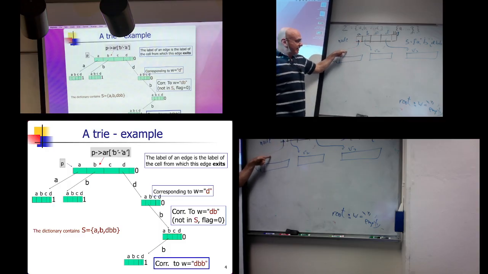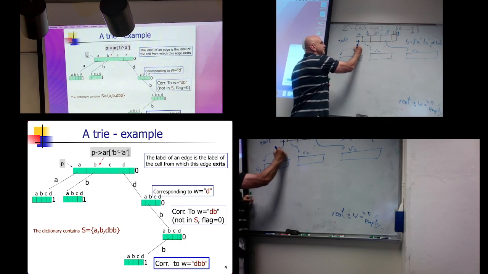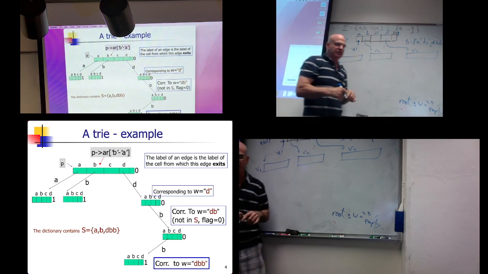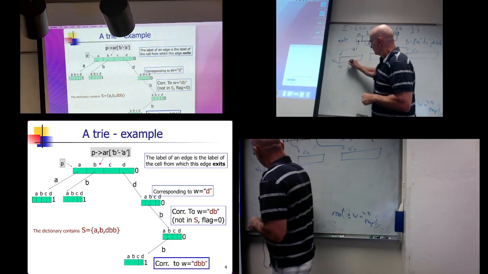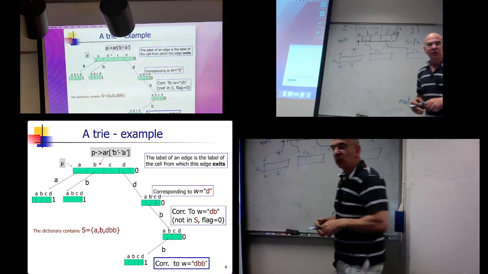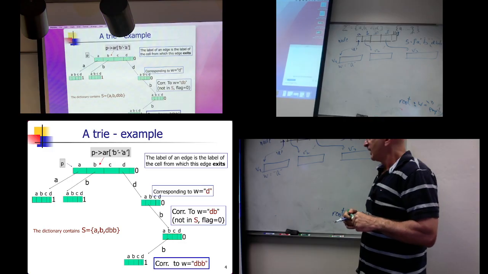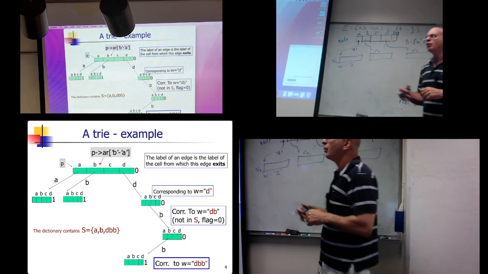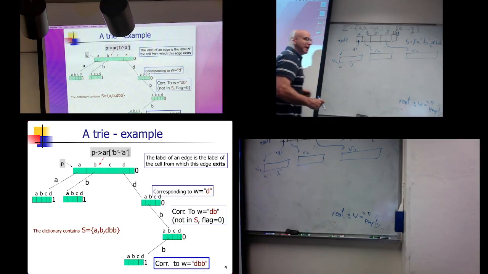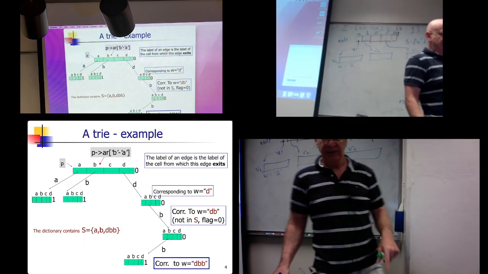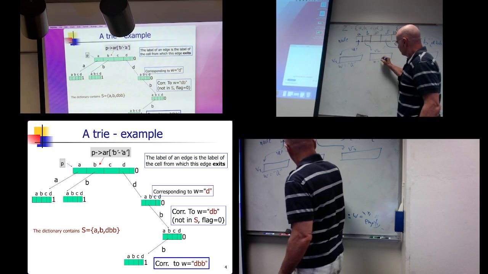So this edge, we said it's coming from A, so we imagine that it corresponds to the letter A, which means that V1 corresponds to the word A, which might or might not be a word in my dictionary. I'll have to look at the flag to know. The word A might or might not be the name of a student in my class. V2 corresponds to the word which is B.